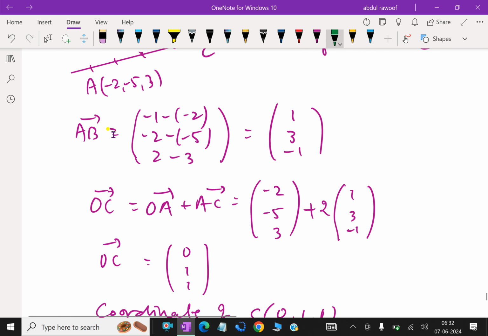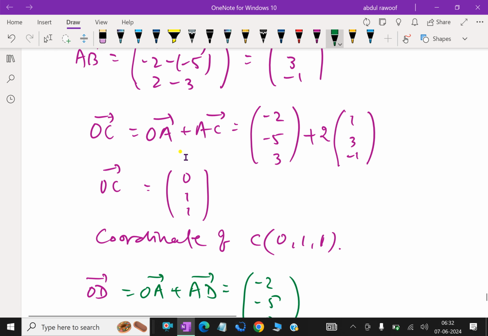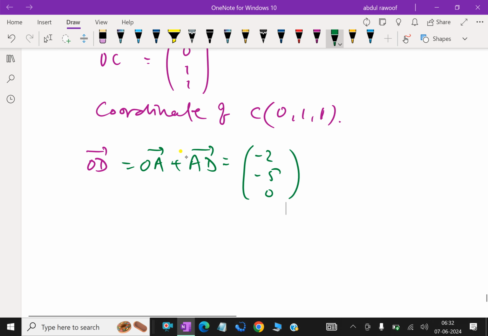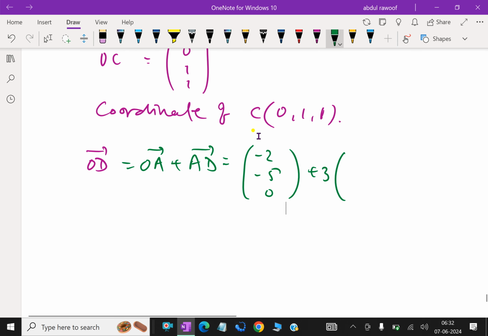Then AD, look at here, AD is 3 times AB. 3 times AB we already got from this one, 1, 3, minus 1.